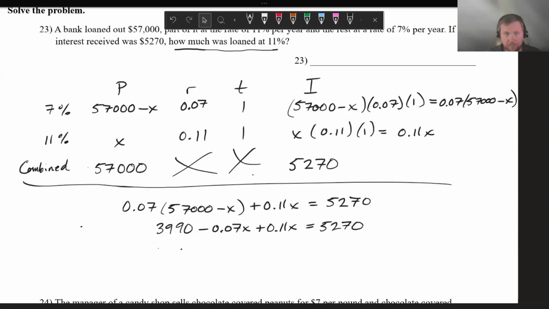Okay, so next I'm going to subtract the 3,990 from each side and then combine like terms.